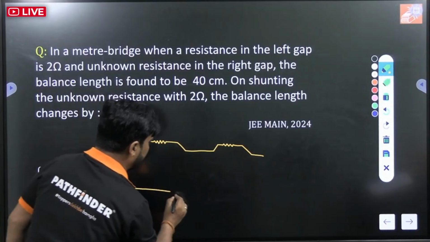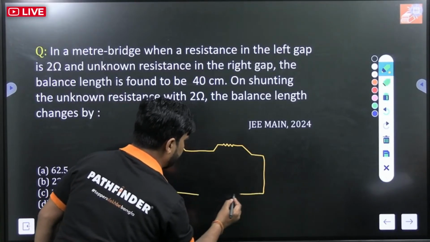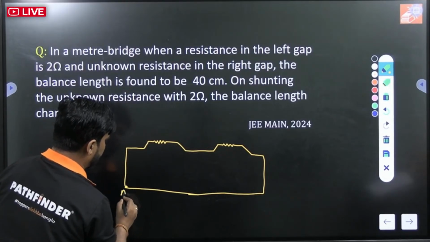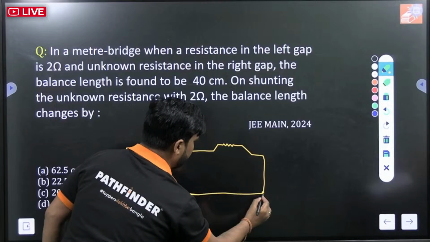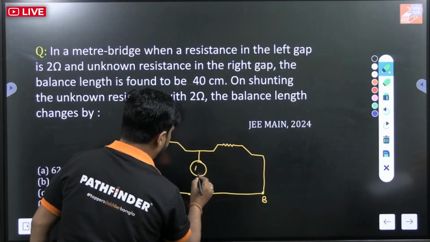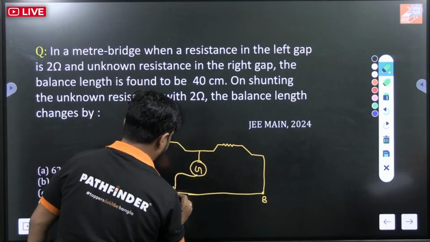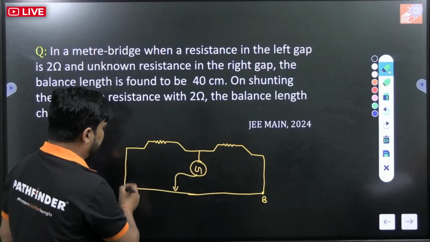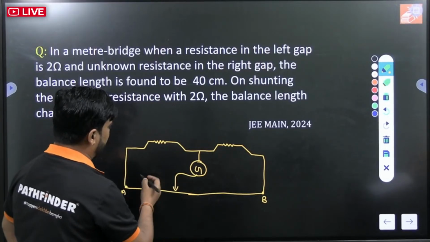It's a rough diagram I am drawing. This is the length of the wire from A to B. And from here, you know that one galvanometer is connected, which is connected with a jockey, right? This jockey can slide over it. And this is connected with a battery. I'm just not drawing the battery here.